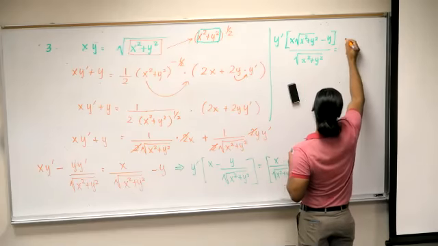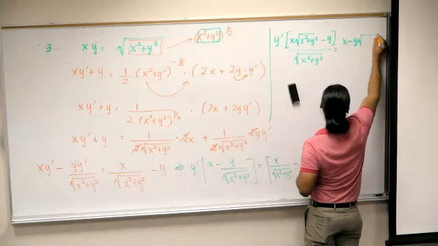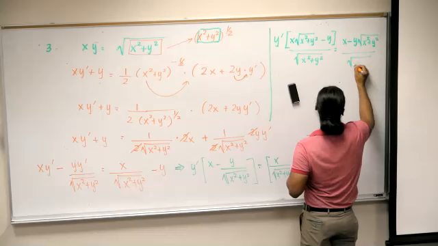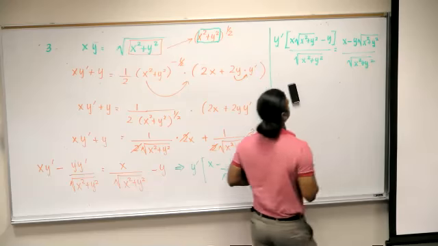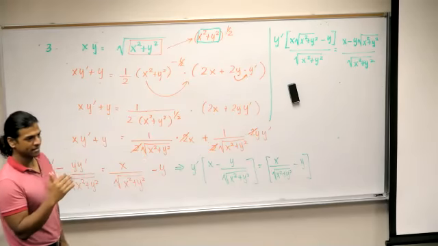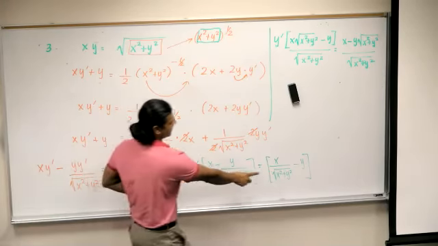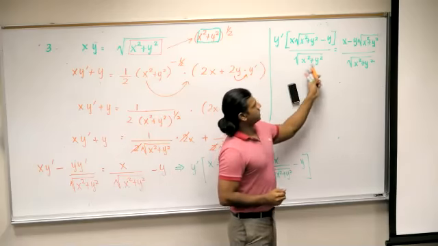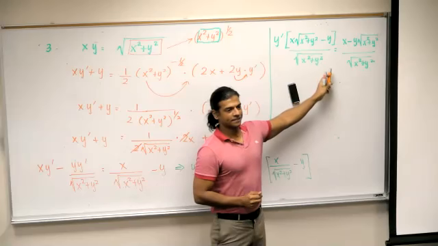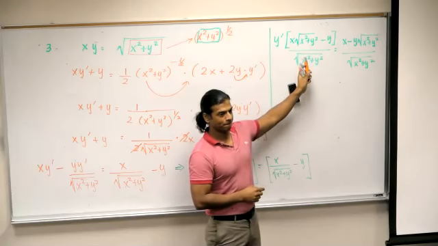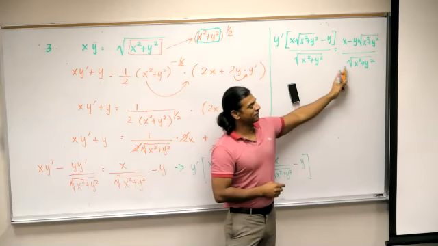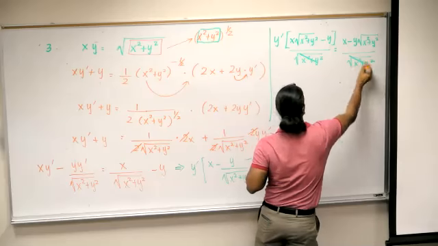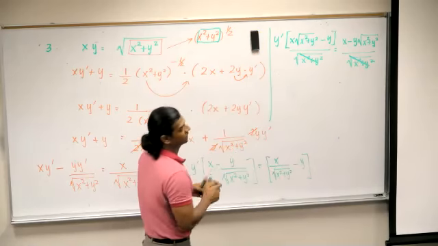I will have x minus y square root of x squared plus y squared divided by square root of x squared plus y squared. Combining this fraction with that particular expression. What do we have in common on both sides? The denominator under the x is pretty much invisible, divided by one underneath it, right?